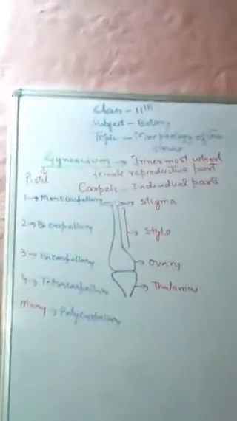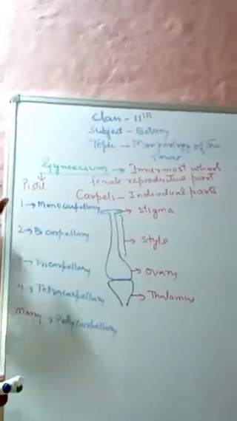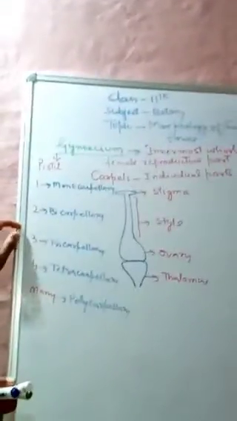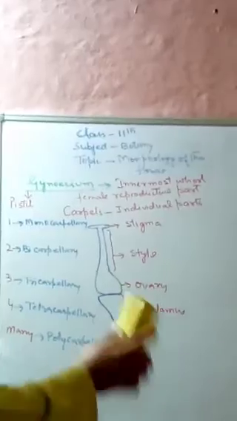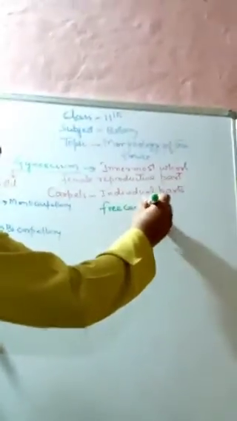Now, these carpels may be free or they may be fused. What are they known as? When they are free, we write apocarpellary or apocarpous.